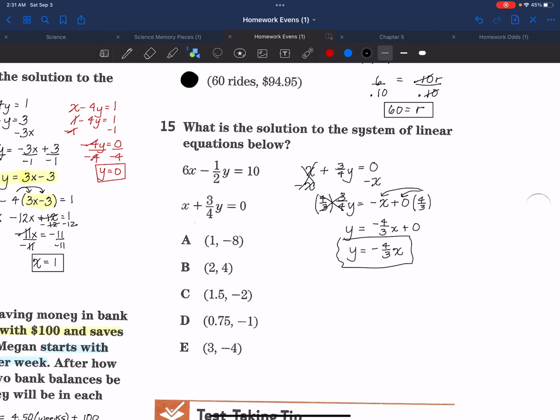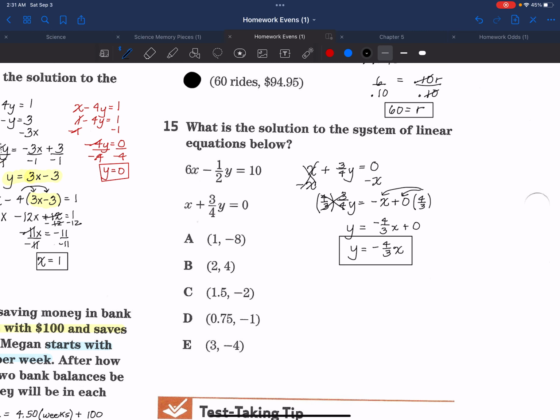And then once you get that value, let's substitute that into the second equation, which was 6x minus a half y. And remember, for y, we're just going to use the negative 4/3 x equals 10. So I have 6x.